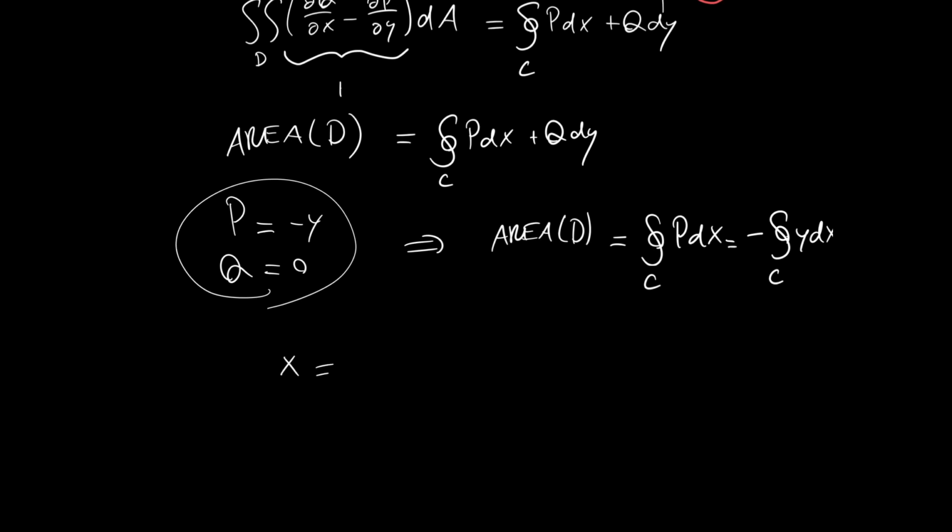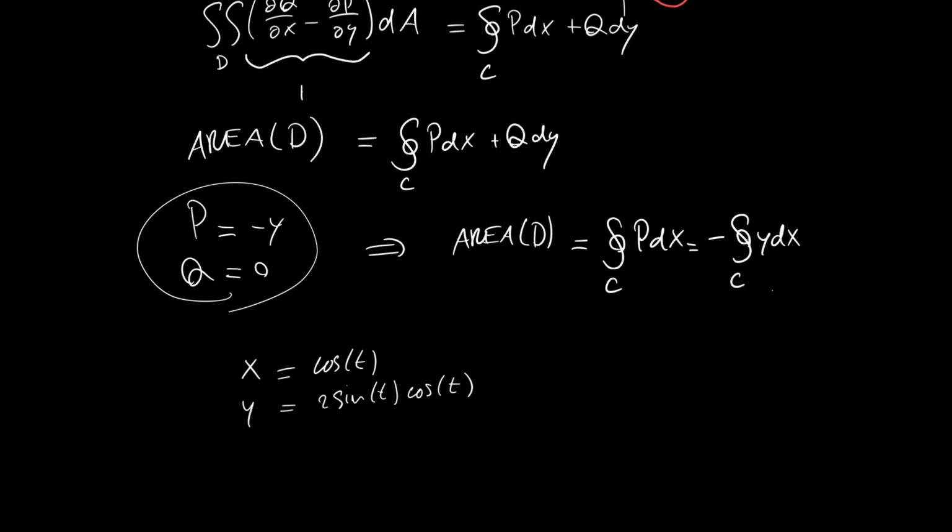So x is cosine of t, and y is 2 times sine t cosine t. Of course, if I want to use these functions for x and y, I have to find the differential dx, which is given by minus sine t dt.